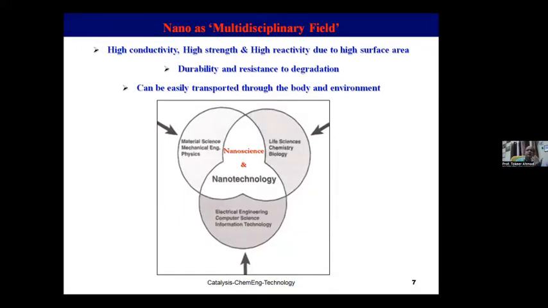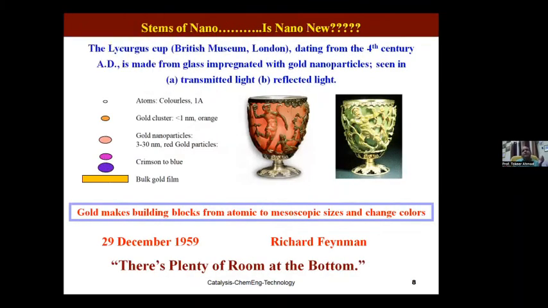So researchers from material science, metallurgy, mechanical engineering, life science, electrical engineering, computer science, chemistry, biology, physics could have a single platform of discussion to exchange their ideas, that is called nanoscience or nanotechnology. Therefore, nano is considered a highly interdisciplinary or multidisciplinary field.